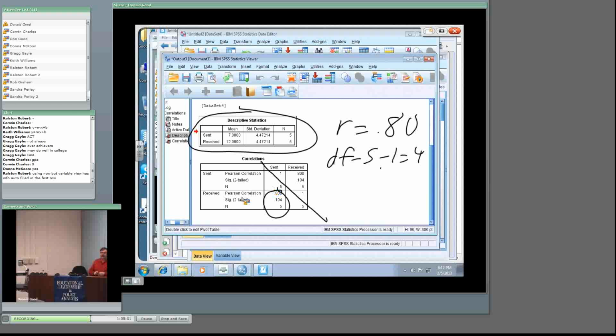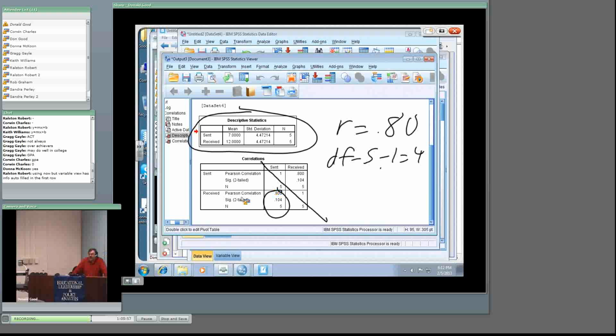Now, I've conveniently skipped over one of the numbers because I want to belabor the point on that a little bit. SIG, two-tail. SIG stands for significant. I've been using that word a lot. Let me tell you what it means or doesn't mean, then I'll talk about it.